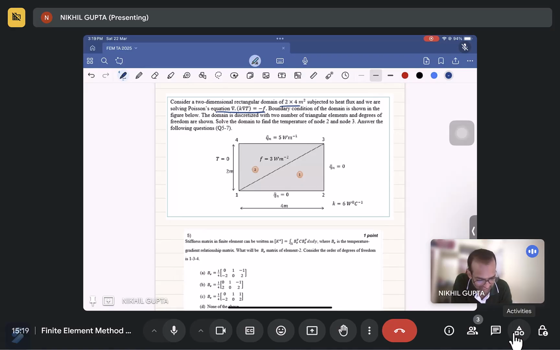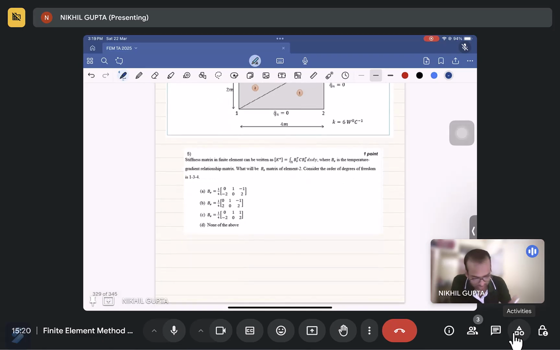The domain is discretized with two triangular elements and degrees of freedom are shown. Okay, so 1 2 3 is one element, and the second element is 1 3 4. So solve the domain to find the temperature of node 2 and node 3. Answer the following questions. Okay, so the fifth question is, stiffness matrix can be written like this.